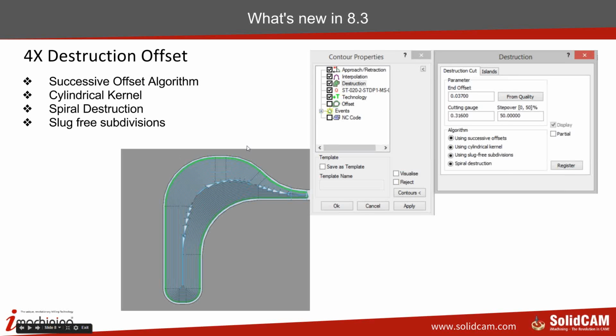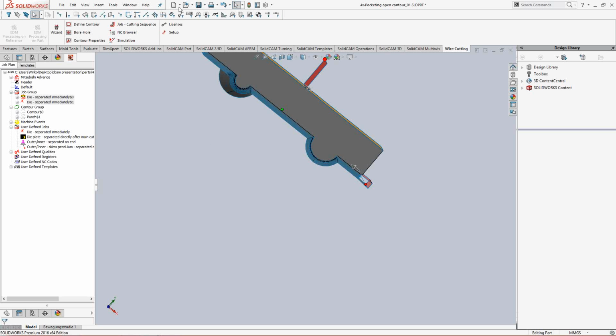Okay, next one is the slug cylindrical kernel and spiral destruction. I will show you these 2 kernels in order to show you the differences between both of them, and I will show you the differences on one part.